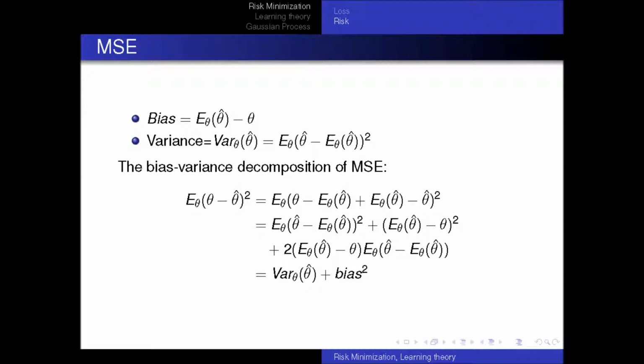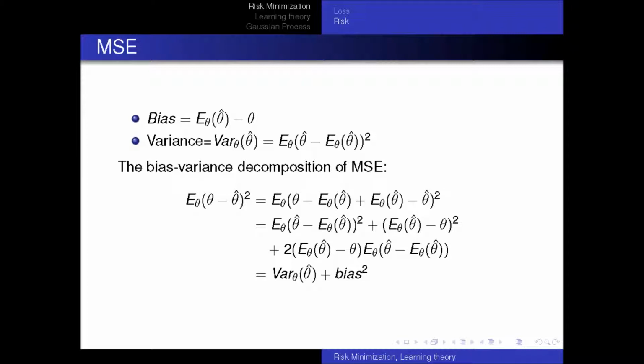And for a chi k square distribution, the variance is 2k.